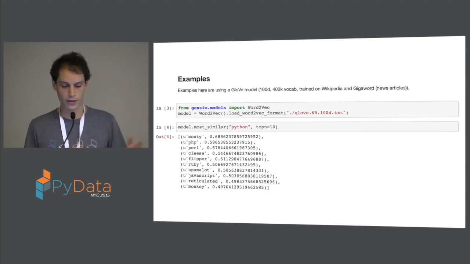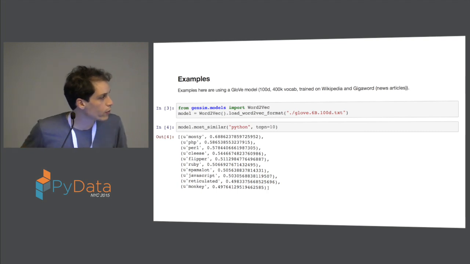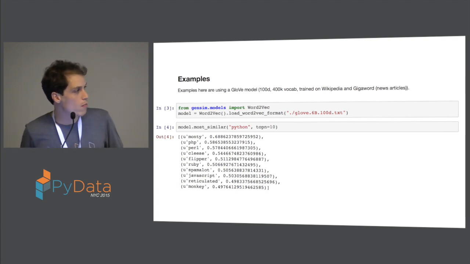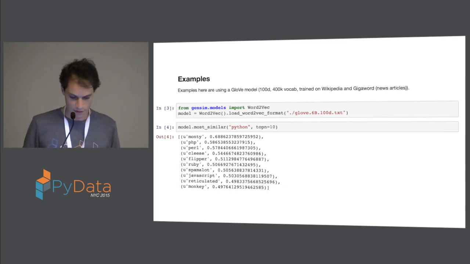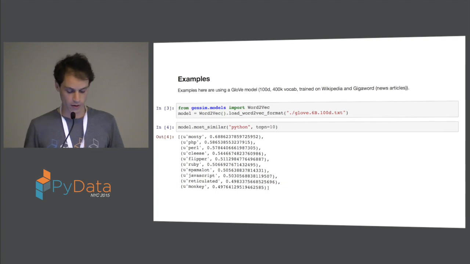Then we query the most similar words for the word Python. We've got the list here: Monty, PHP, Perl, Cleese, Flipper, Ruby, Spamalot, JavaScript, Reticulated, and Monkey. For those who know Monty Python, this should be pretty clear.